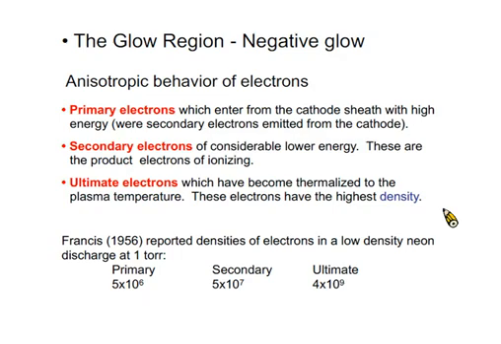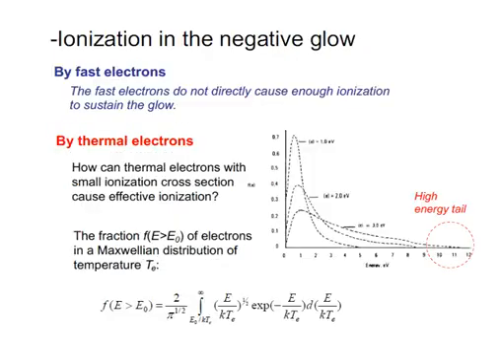So in the negative glow, most of the electrons are ultimate electrons, or thermalized, or thermal equilibrium electrons.